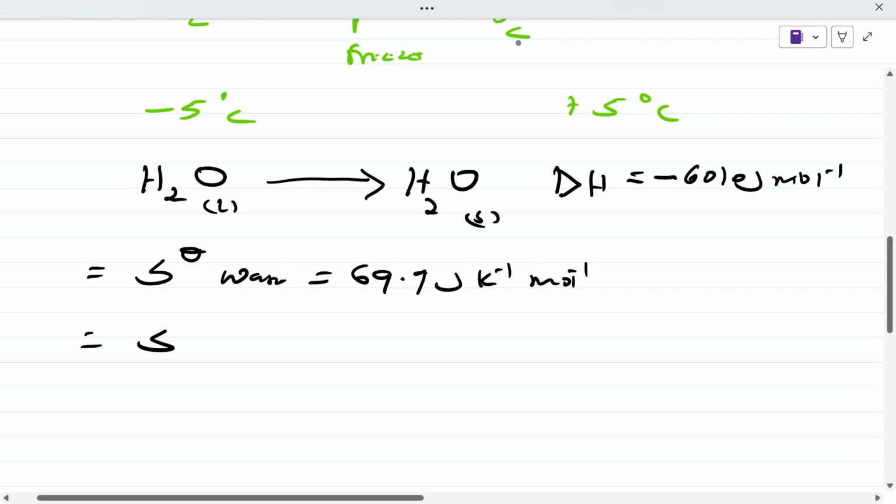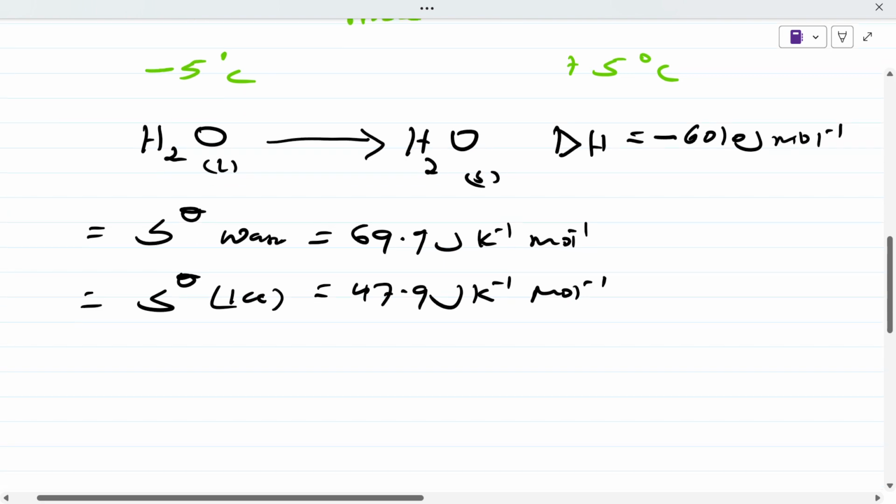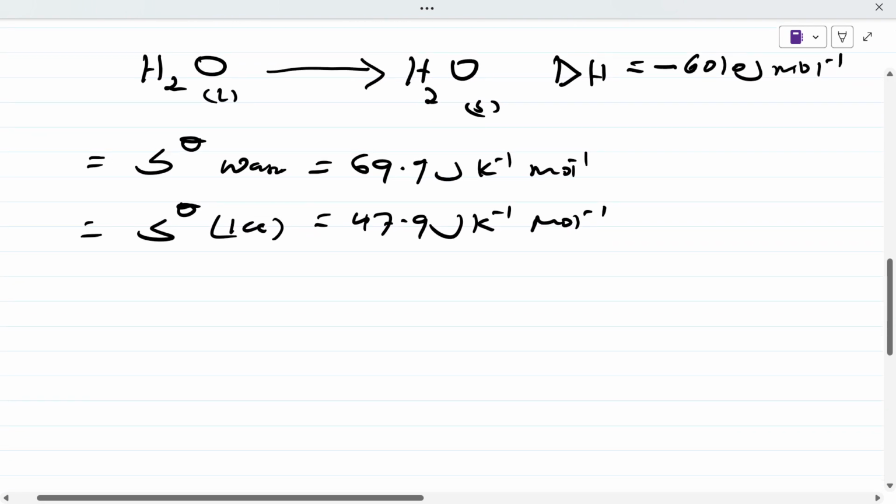The same entropy under standard conditions for ice is equal to 47.9 joules per Kelvin per mole. So I want to justify what is really happening at different temperatures.